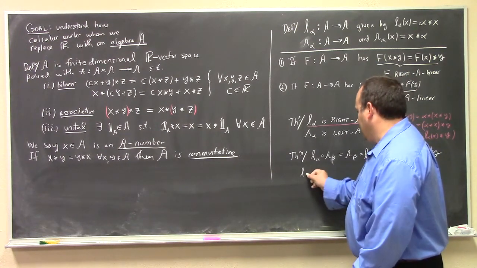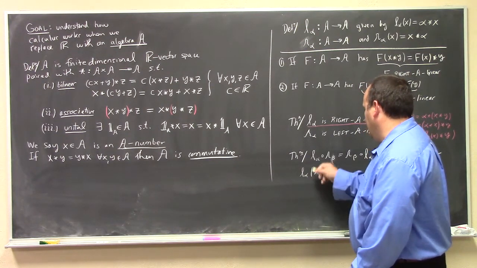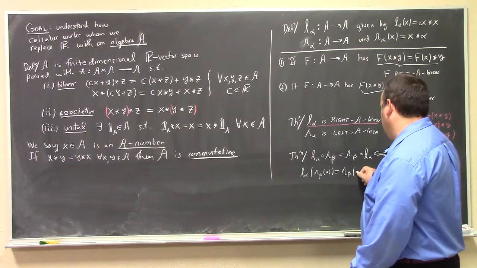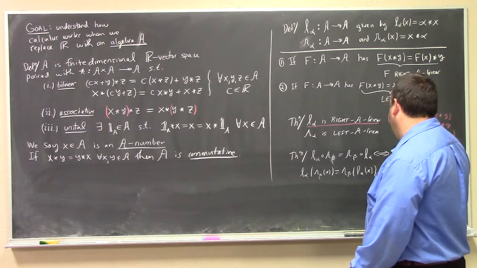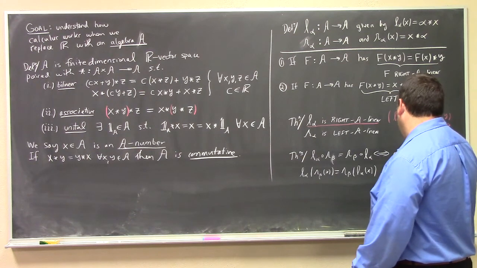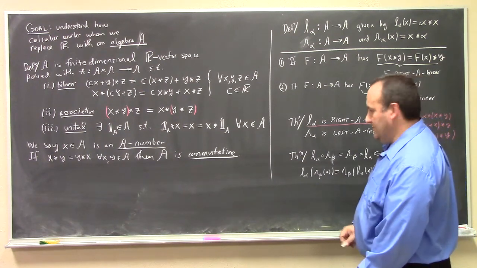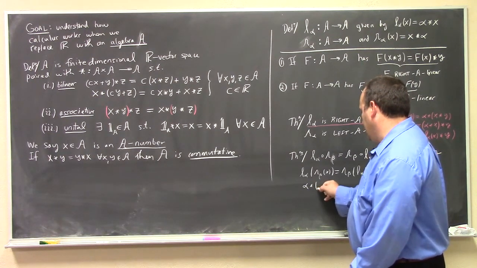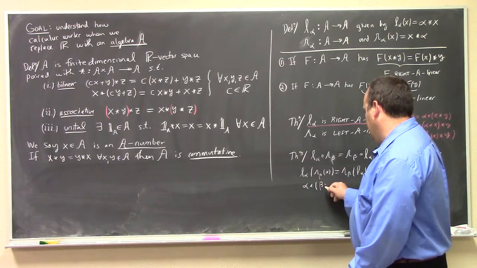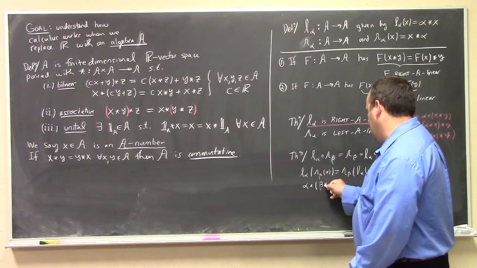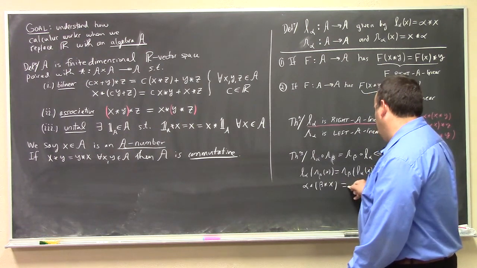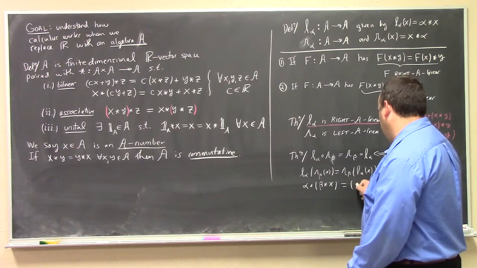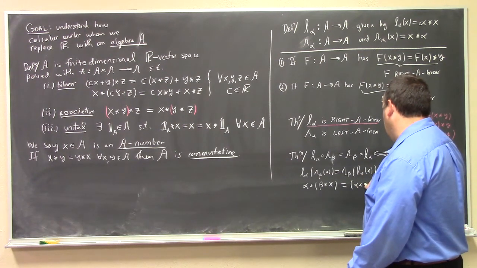So if you have L alpha of R beta of X equal to R beta of L alpha of X, and that's true for alpha, beta, and X in the algebra, then this becomes alpha star, parentheses, beta star X. And this becomes right multiplication by beta. So I do this one first, right? I do alpha star X.